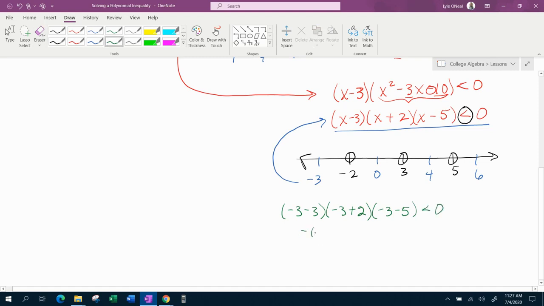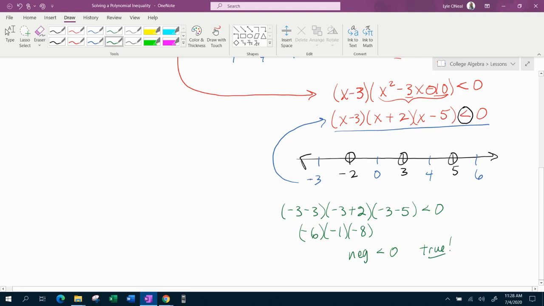Okay, so we have negative 6 times negative 1 times negative 8. Negative times a negative makes a positive. Positive times a negative makes a negative. So I know that this is going to be negative overall. And is a negative number less than 0? That is true.